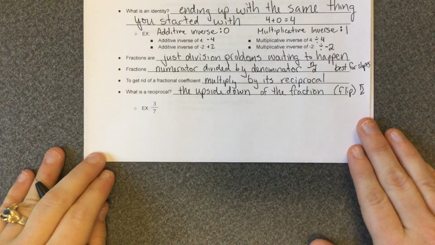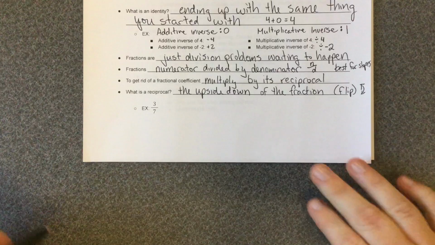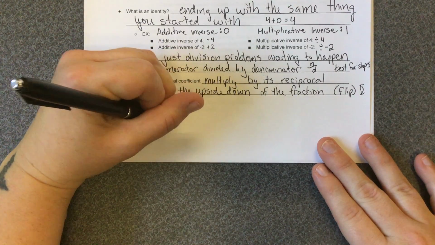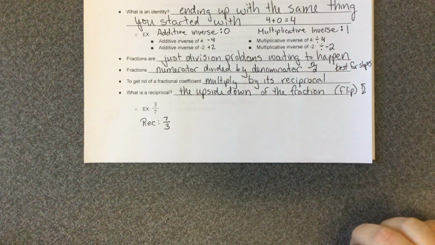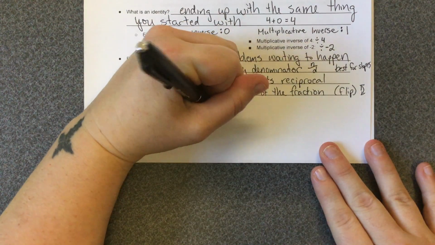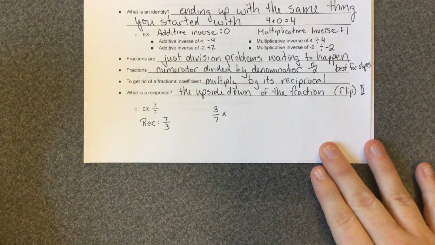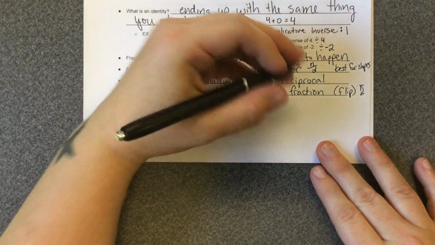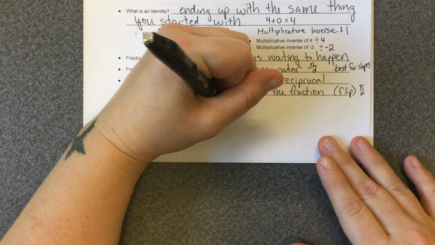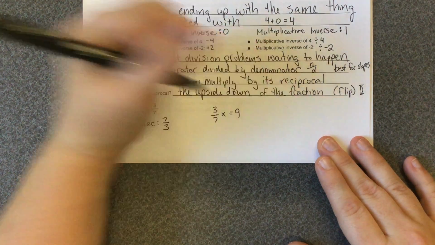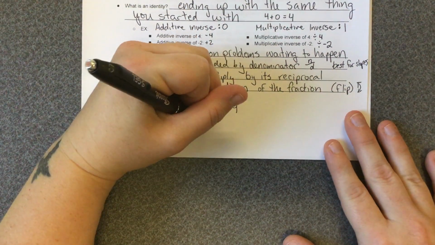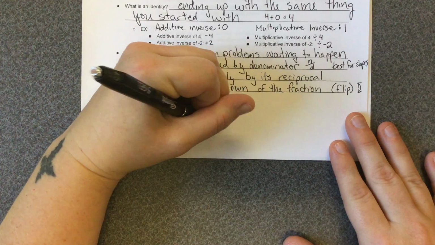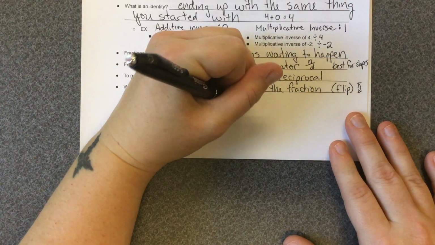So for example, if I have 3/7, the reciprocal would be 7/3. So if I had 3/7x and I needed to get rid of this coefficient, let's say 3/7x is equal to 9, I can multiply both sides by the reciprocal, 7/3.